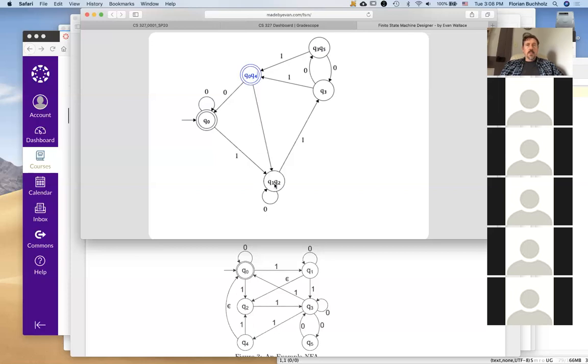So that will be this on a 1. And I think we now have outgoing transitions for every state. And that might be the final DFA. Let's check.